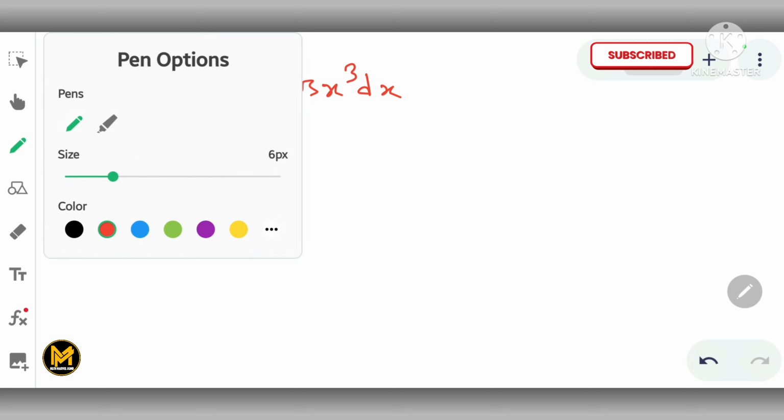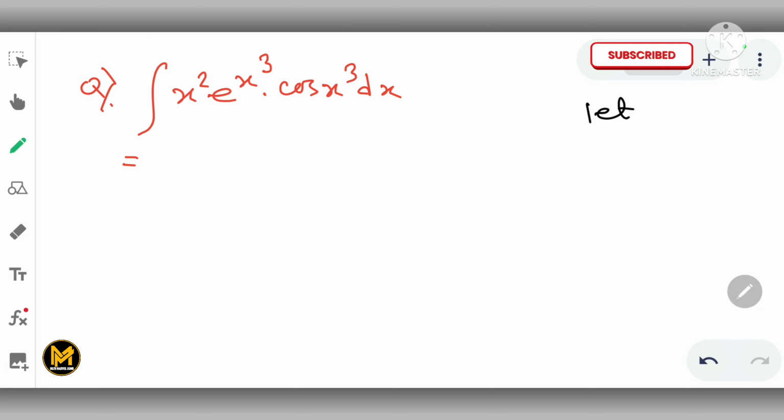Now take another example here. Integration of x square e to the power x cube into cos of x cube into dx. Now here we will assume x cube as z, so it will be 3x square into dx equals dz.